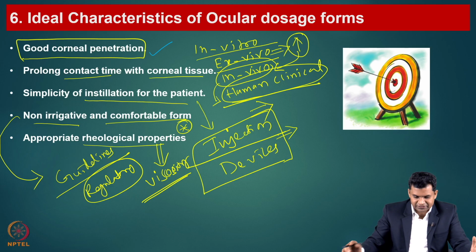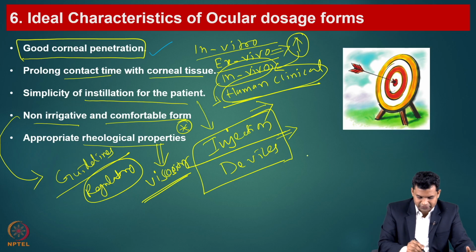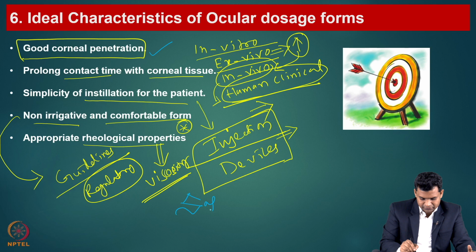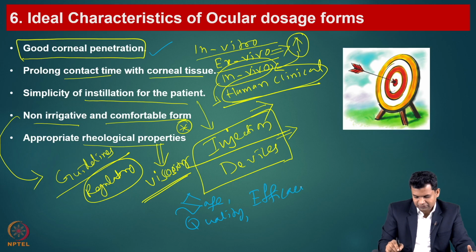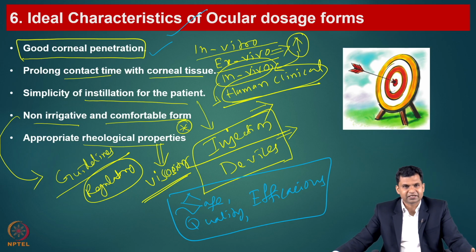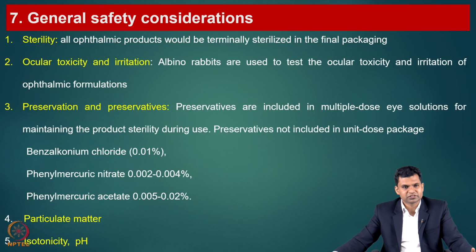So, at the end of the day your formulation needs to be safe and qualitative, that quality needs to be maintained, and then efficacious. Then only your product is preferable, then it is called the ideal characteristics of the ocular dosage form.